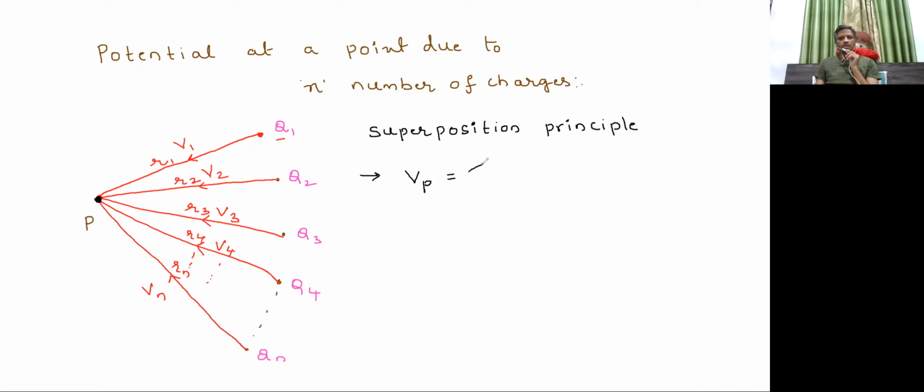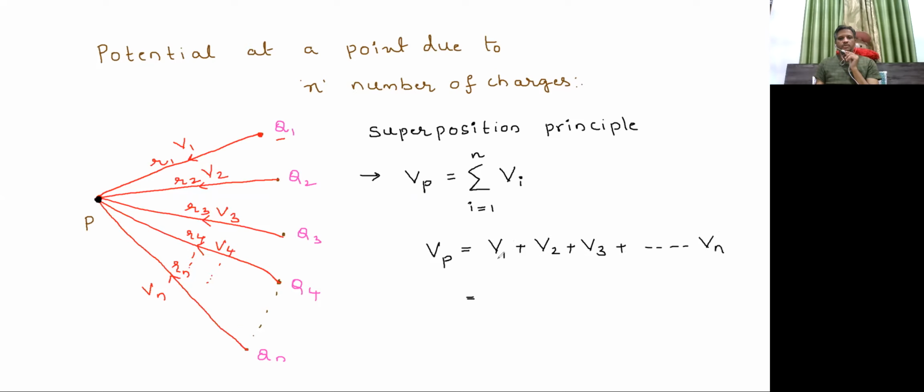So we can say that it is the summation of the potentials due to individual charges, where i is equal to 1 to n. This is expanded as Vp equals potential due to charge Q1 is V1, potential due to charge Q2 is V2, potential due to charge Q3 is V3, and so on, Vn.